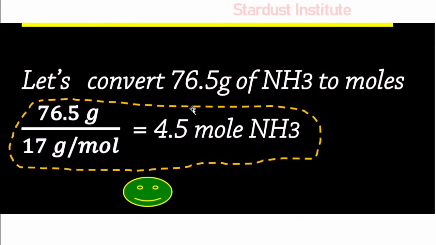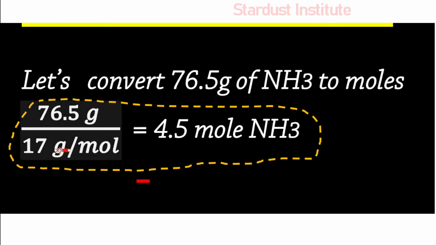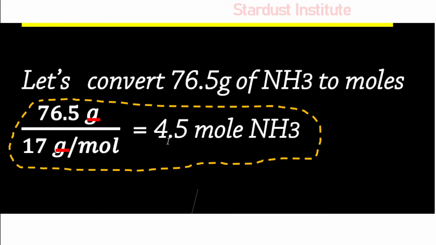Let's convert 76.5 grams of ammonia to moles. 76.5 grams divided by molar mass of ammonia, 17 gram per mole. We can cancel out gram. Then we get 4.5 moles ammonia.